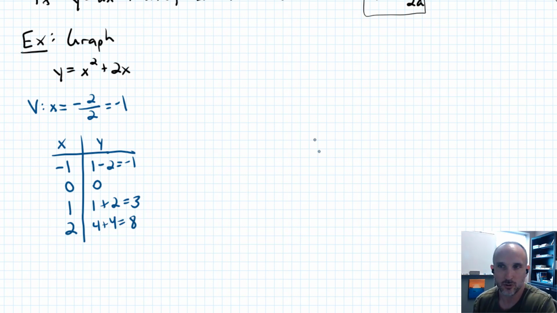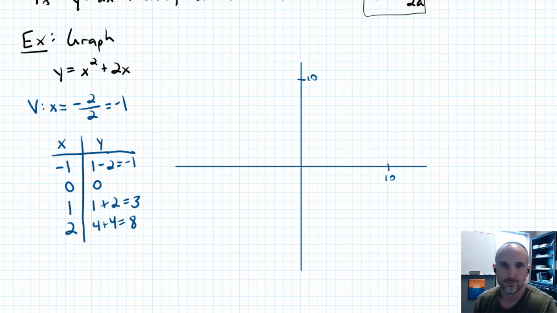Let me set up my grid real quick. And let's get to plotting some points. So negative 1 should be the vertex. Then we've got 0, 0, 1, 3, and then 2, 8. So you can see this is the right side of my parabola.